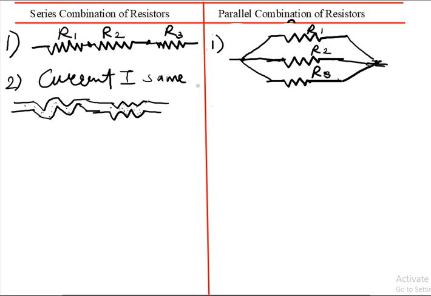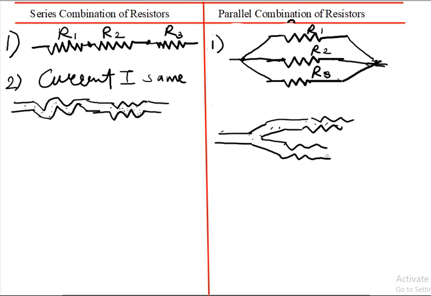And if we consider the same analogy in the parallel combination, suppose a junction is getting formed like this. Then there is a splitting of the amount of current, and there is a resistor or obstacle across the tube. So across each resistor or obstacle, the amount of water flowing will be different.